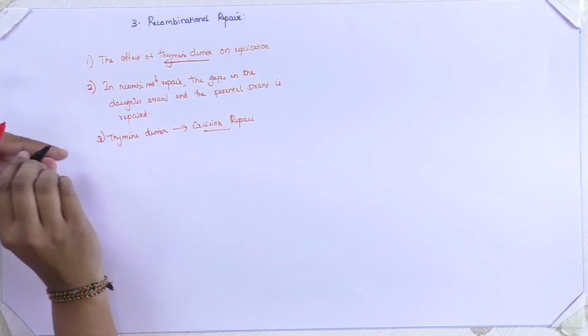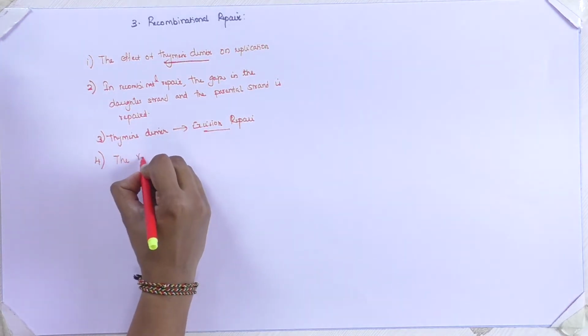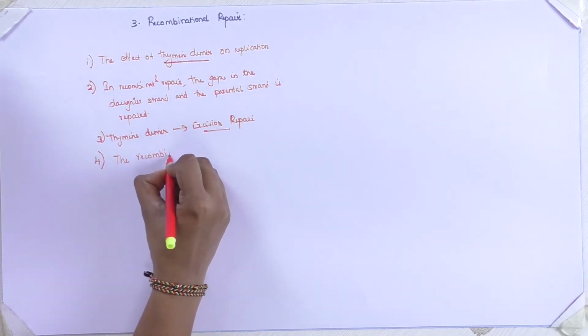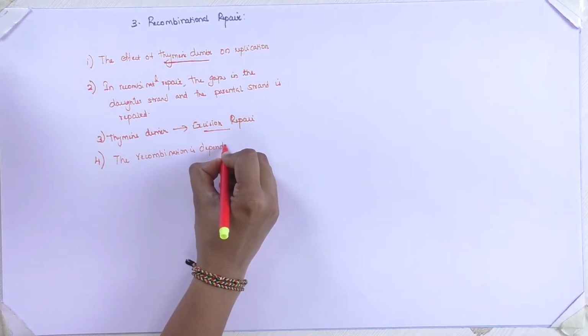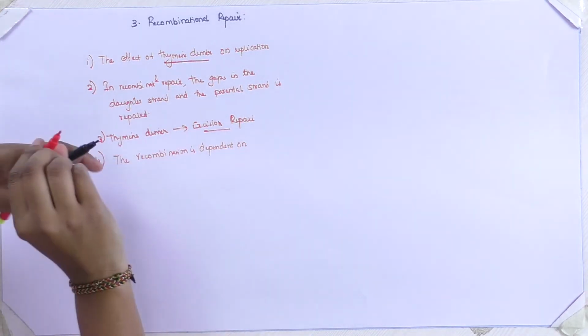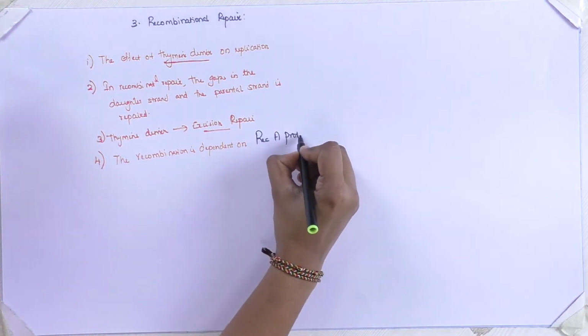And this process is usually carried out by a specific protein known as RecA protein. The recombination is dependent on RecA protein, which is the major factor for this.